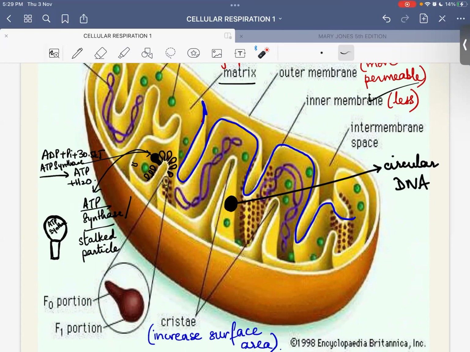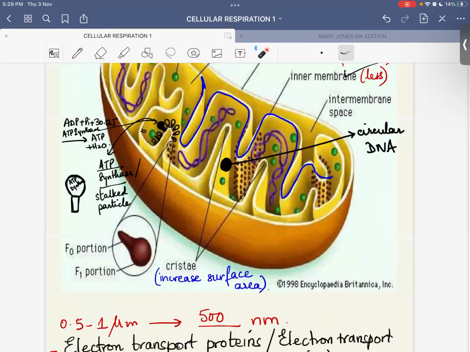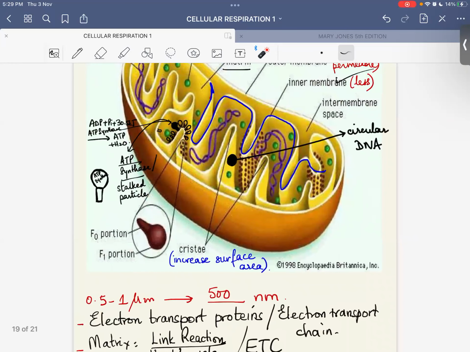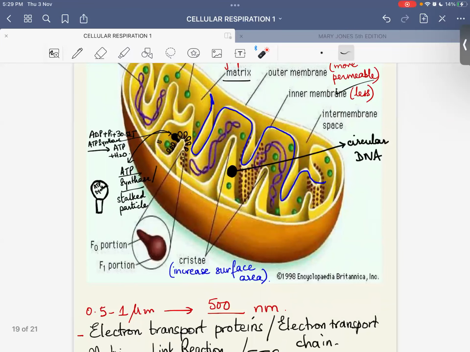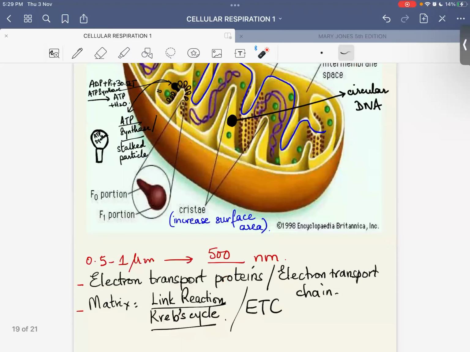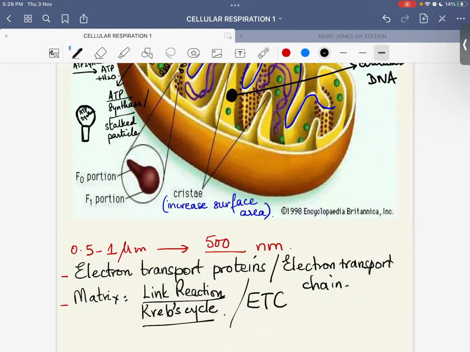And the name of those transport proteins is electron transport proteins. ठीक है, तो क्रिस्टी के ऊपर क्या क्या लगा हुआ है? एक तो ATP synthase लगा हुआ है, जिसको हम स्टॉक पार्टिकल भी कहते हैं. ठीक है, and then we have these electron transport proteins also. I am just going to write slide तो मैं आपसे share कर ही लूंगी. Okay, so on the cristae we have electron transport proteins and we have the stalk particle. Stalk particle भी आप कह सकते हो, ATP synthase भी कह सकते हो, right? Yeah. So this is the significance of the cristae.